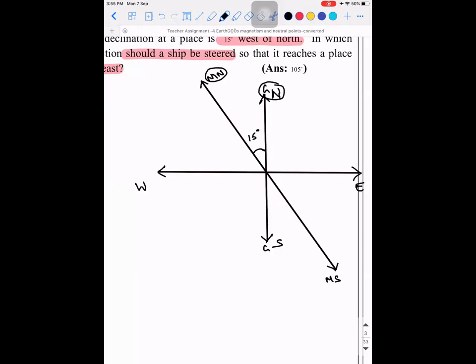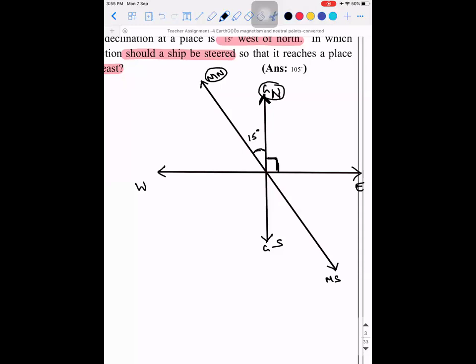Now you guys tell me, the answer is very simple. By how many more degrees is the ship supposed to be rotated so that it is able to reach east? 105 degrees, because you have 90 degrees here. Had it gone exactly in the north direction, to turn towards east it should make an angle of 90 degrees in the clockwise direction.